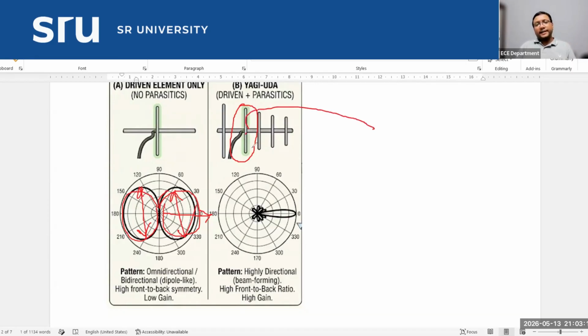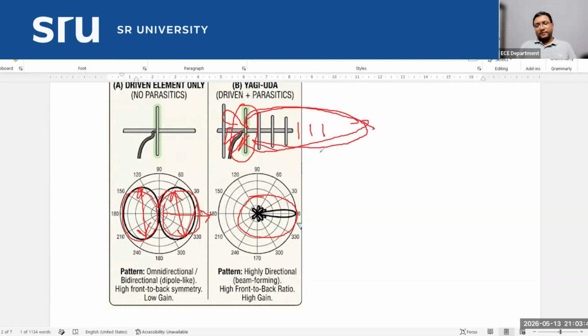It will direct in front like that, and in back, there will be some minor lobes. This is the radiation pattern, and the direction where the length of the parasitic elements is going shorter, in that direction it will radiate.